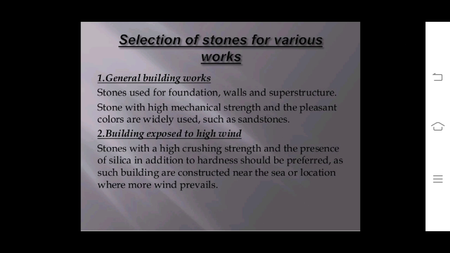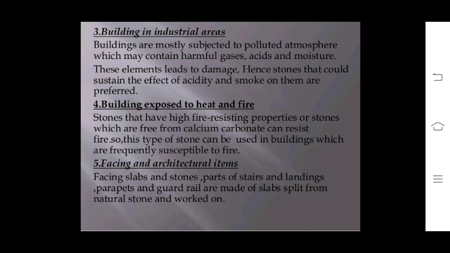For buildings exposed to high wind, stones with high crushing strength and the presence of silica, in addition to hardness, should be preferred, as such buildings are constructed near the sea shore or locations where more winds prevail. Buildings in industrial areas are most subjected to a polluted atmosphere which may contain harmful gases, acids and moisture.